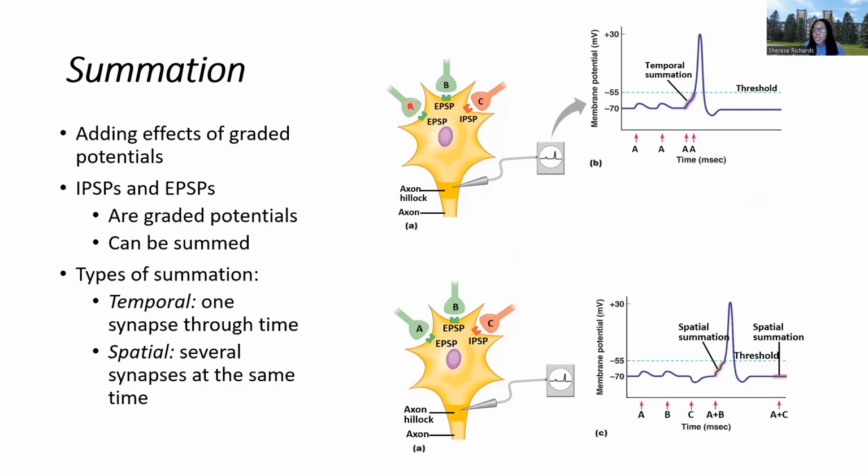All right. Now, if we look at the graphics here on the right, in the first panel, we're looking at two EPSPs arriving on the soma, and then an IPSP also arriving. And so if we think about the temporal summation, sorry, this is temporal summation, so it's the same synapse.